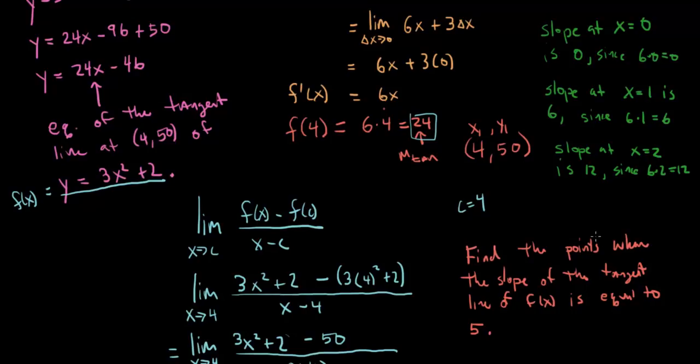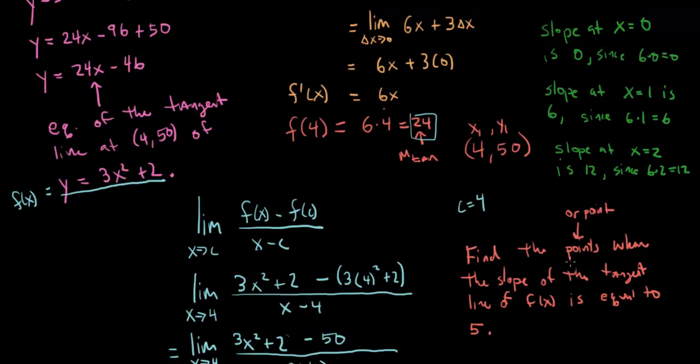Find the points. Now, I should say points or point, like it may be a single one. Find the points when the slope of the tangent line of f of x is equal to 5.